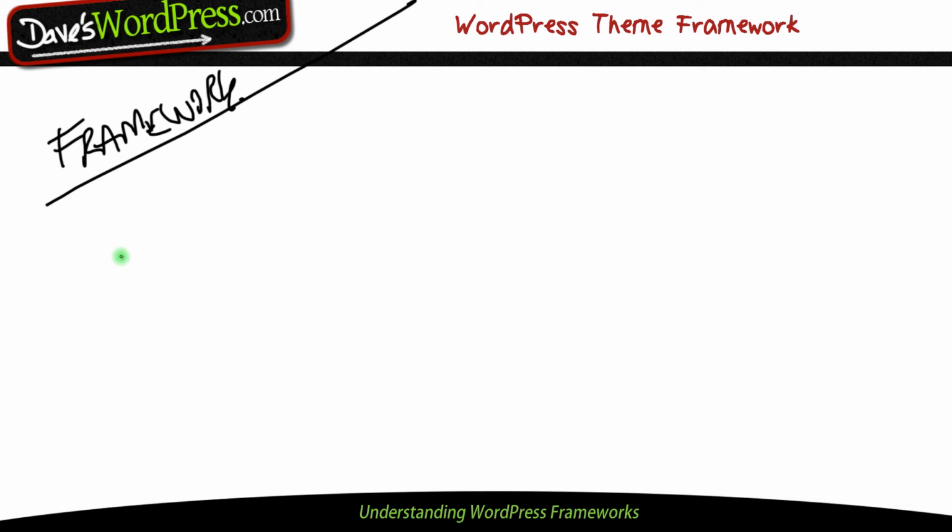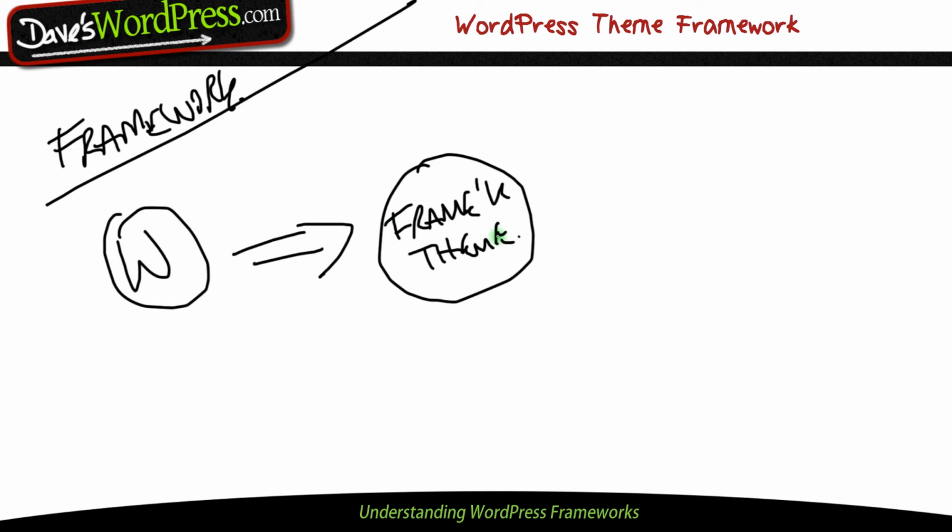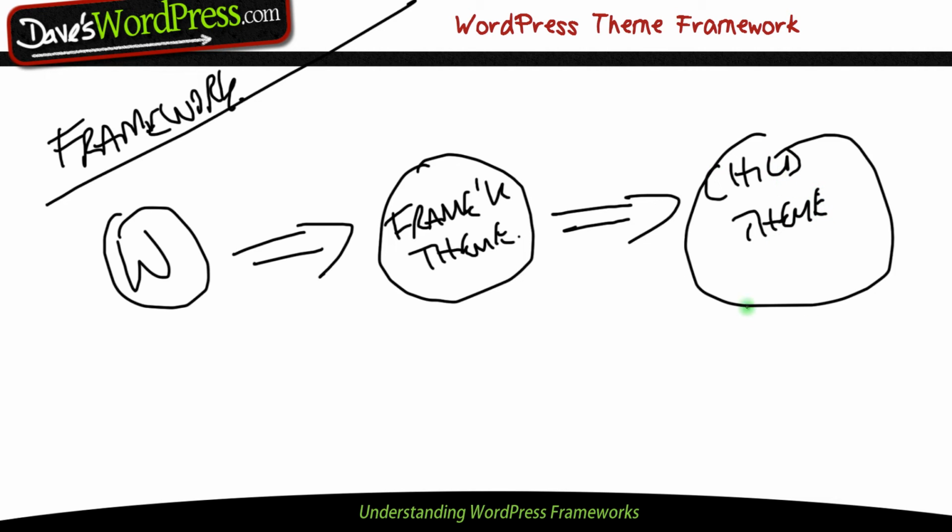You have your WordPress installation, then you install your framework theme, and then on top of that framework theme we have our child theme. Then from there it goes to the World Wide Web.